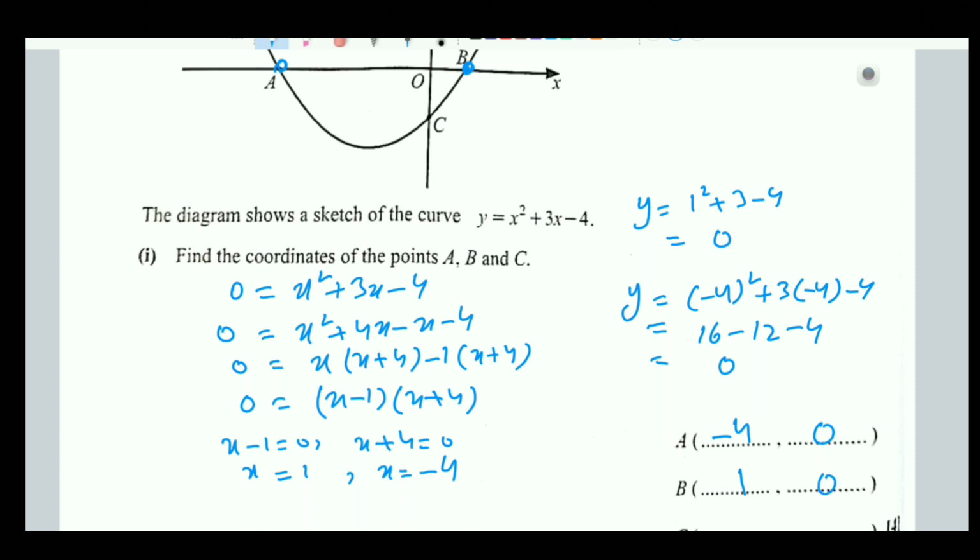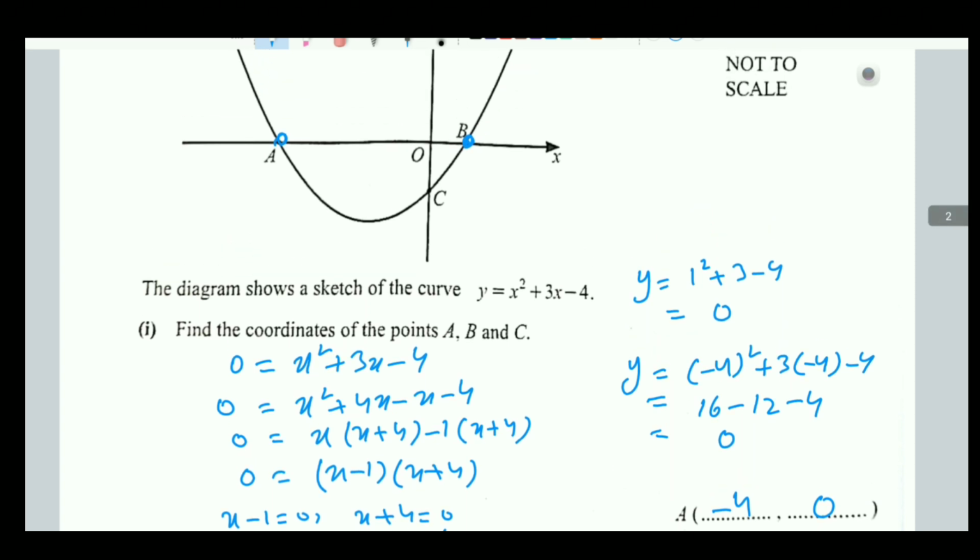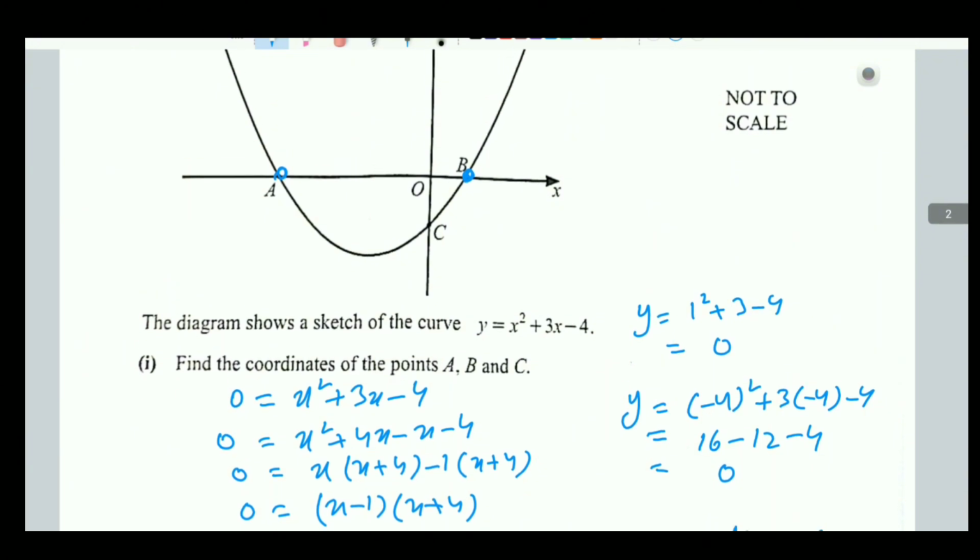Now to find the coordinates of C, what will we do? To find the values of x for A and B, we put y equal to 0, because A and B are the points that are on the x axis. To find the coordinates of C, we have to put x is equal to 0, because on the y axis x is equal to 0 and on the x axis y is equal to 0.